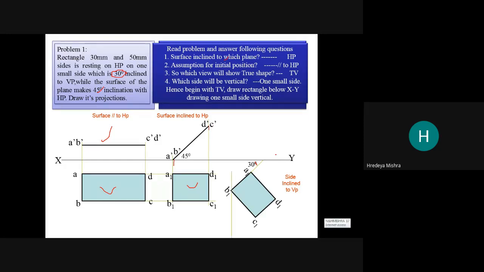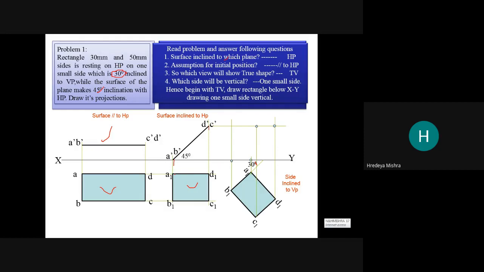There is no problem. Now draw the projection from B1, C1, A1 and D1. Okay. Now we just draw the line. See, it is on HP, so we get what it says. One side is resting on the HP and the 50 mm side is resting on HP.